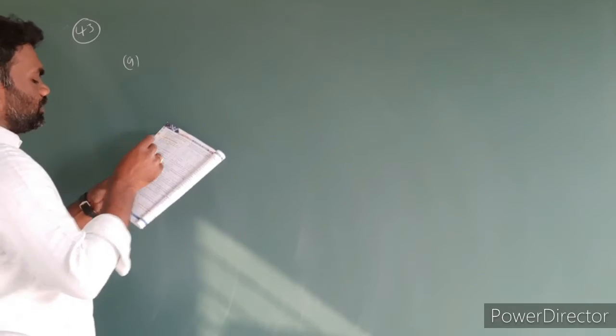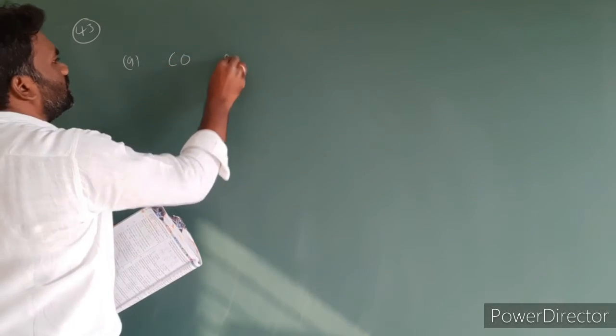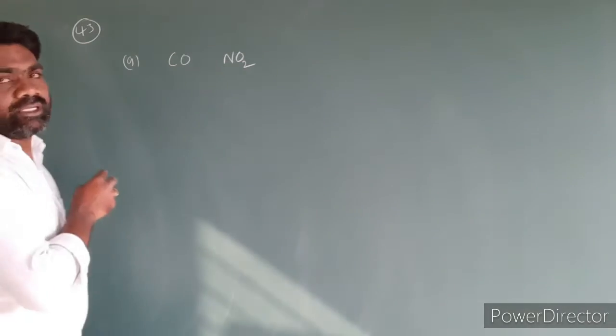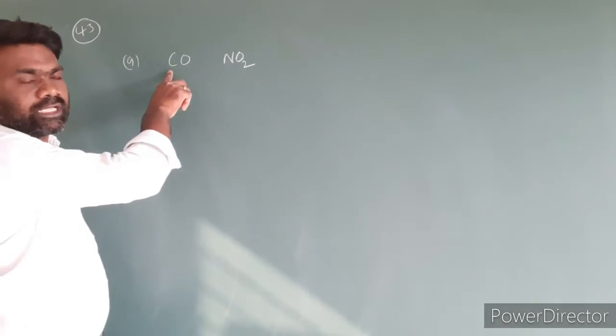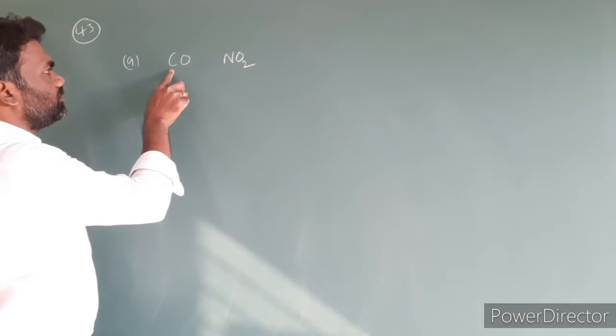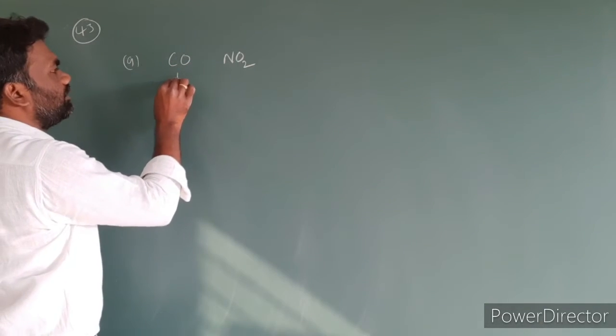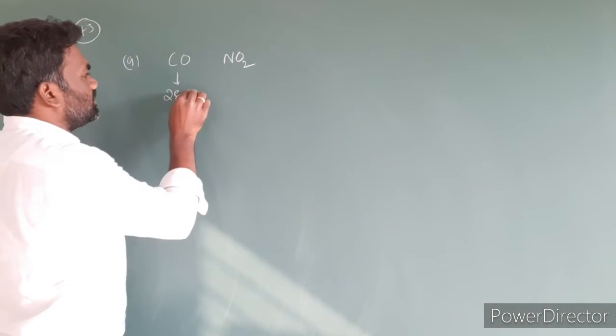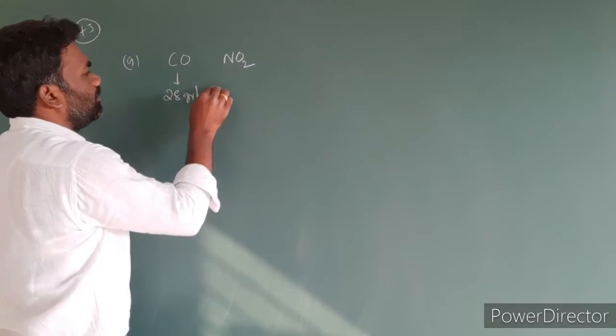Let us check them. First option: carbon monoxide and NO2. In this pair, the molecular mass of carbon monoxide: carbon is 12, oxygen is 16, so 16 plus 12 is 28 gram per mole.